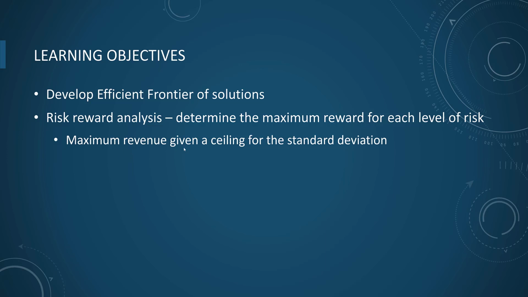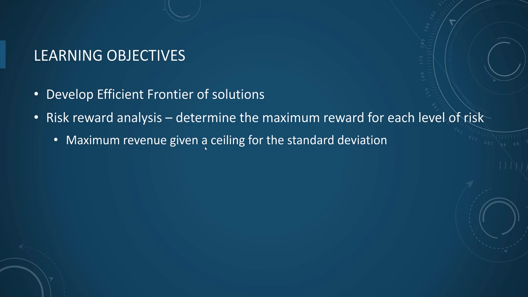So maximum revenue now in our airline pricing model, maximum revenue given a ceiling, a maximum amount of standard deviation. So if you run the simulation 10,000 times, you have 10,000 revenue estimates. So there is an inherent standard deviation in that. So the more the standard deviation, the less reliable your estimates are.